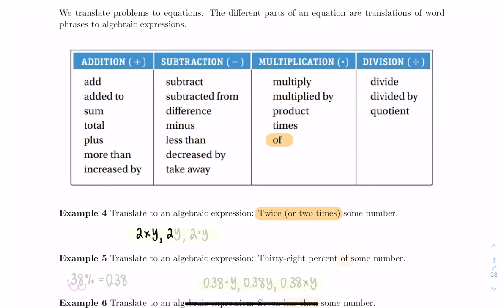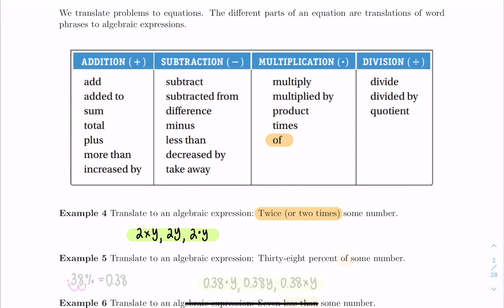We could also write it without that x for multiplication because it can be confusing if we use x as our letter. So just 2y. We also use a circular dot to show multiplication, so 2 dot y. And so those are the 3 main ways that we write multiplication. We'll really focus on the last 2.